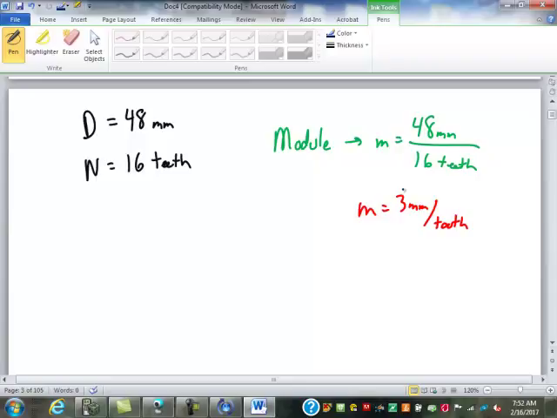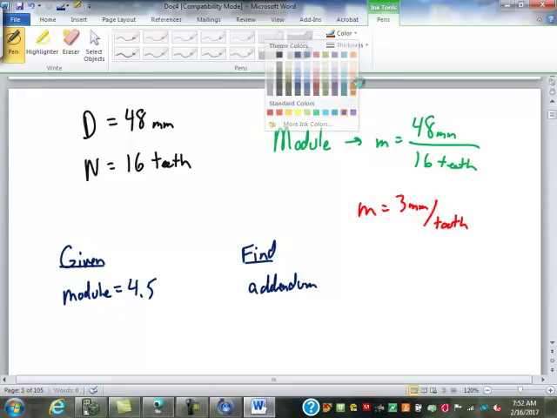Let's say you are given that the module is 4.5. I want you to find the addendum. So in that table, on page 250 is the table for the module system. What are we going to look up?